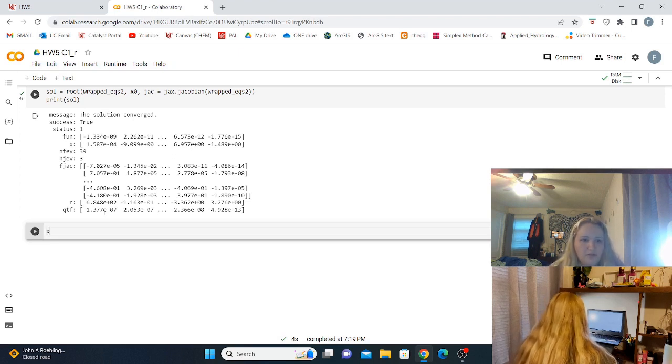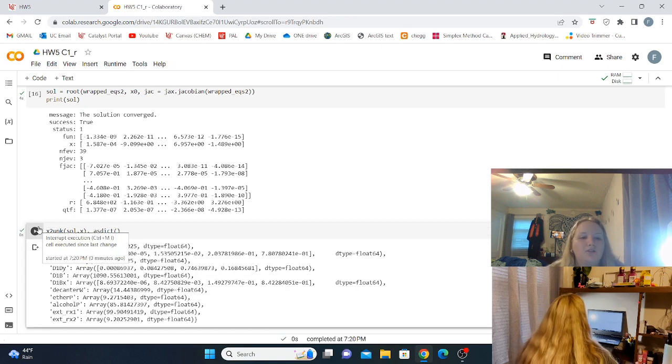So let's do x2uk, which is for x2 unknowns, our solution, and we only want those x values, so we'll pull those, dot _asdict with empty parentheses. If we do this and run it, it should give us what we defined each name to be.